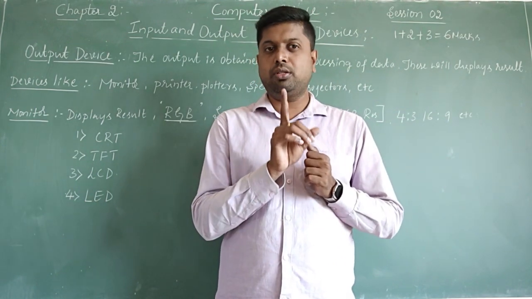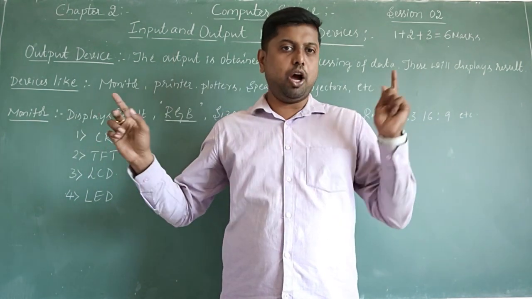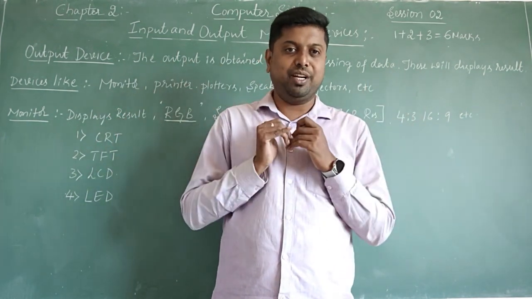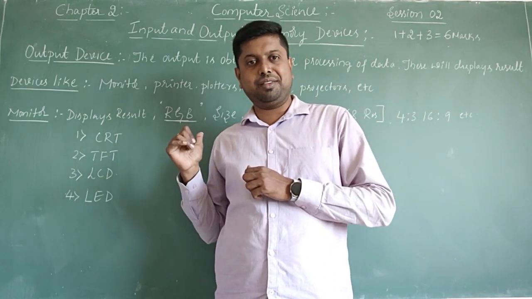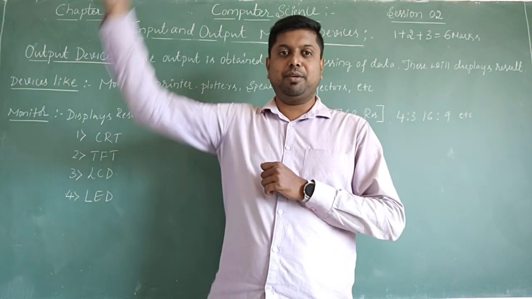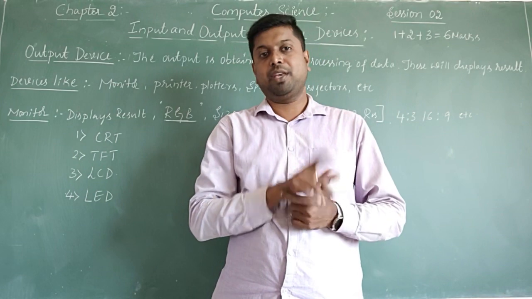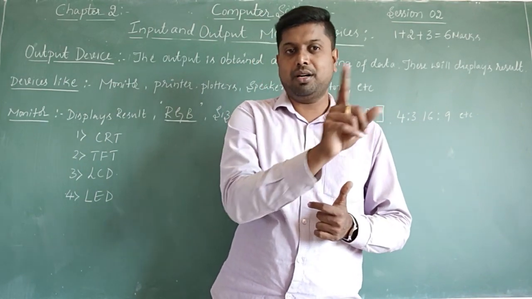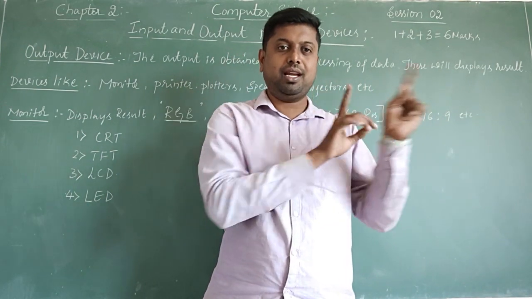But one thing, dear friends, you should remember: in between input and output devices, we have one more unit, that is the processing unit. But we are not discussing that processing unit here. Directly after the input device, I am coming to the output device. In between, one more unit is there, that is the processing unit. In the first chapter, if you remember, we wrote one block diagram of the computer: input, processing and output.